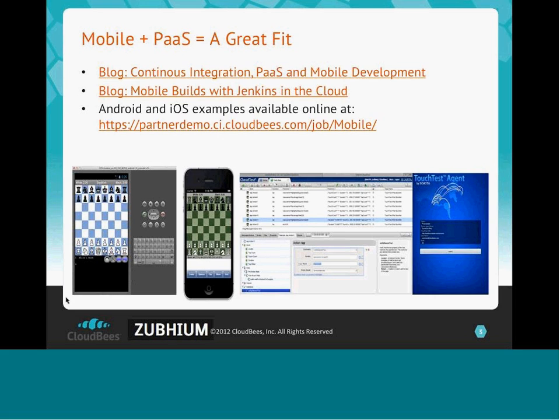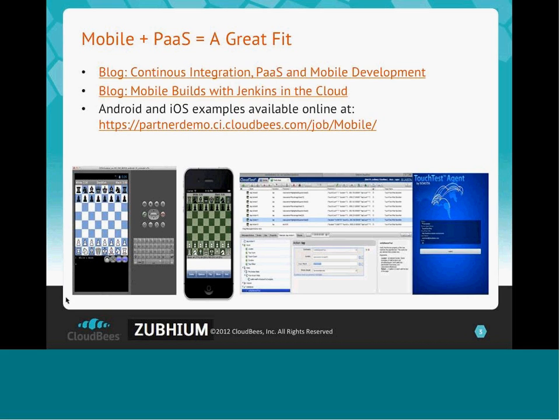blog.cloudbees.com. So you have a whole series of blogs there which explain how to do mobile builds using Jenkins in the cloud so that you can use your local development tools, with ADT for Android. You can also do iOS with Xcode, and then you can also put those up into the cloud.